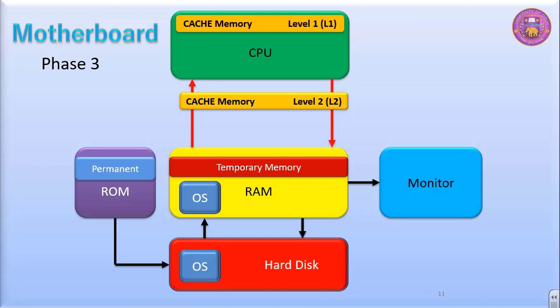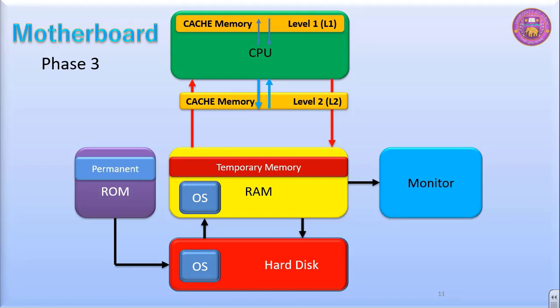When the CPU is processing and needs some instruction, first it will look into L1. If the required instructions are there, it will fetch them and start processing. If the required instructions are not in L1, it will search in L2 and fetch the instruction from level 2.